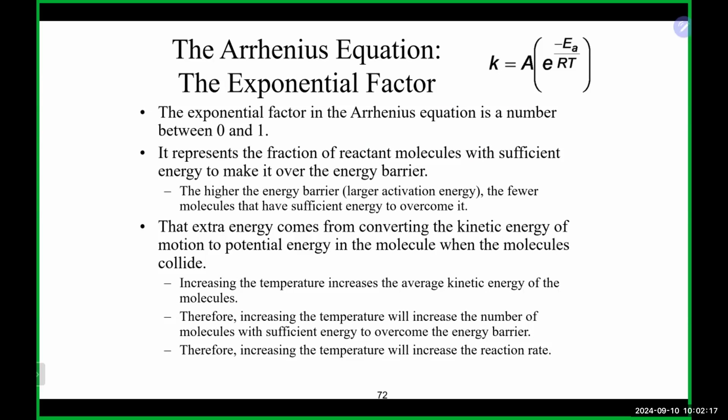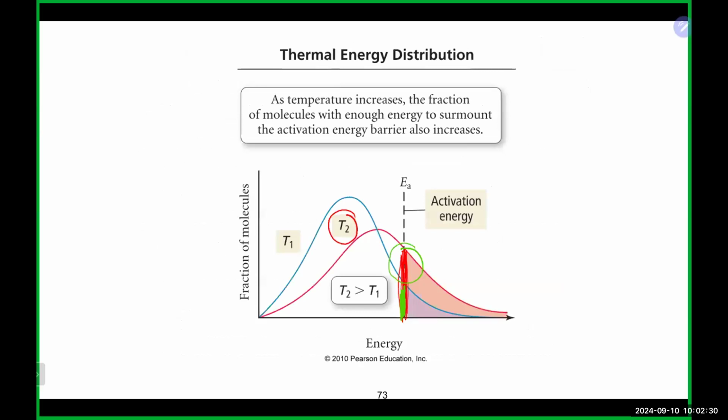An increase in the temperature, as I mentioned, will allow a greater proportion of molecules to get over that energy barrier. Thus, it will also increase the rate, and that's what we see in this graph. This is basically a reaction at two different temperatures. Temperature 2 is greater than temperature 1.